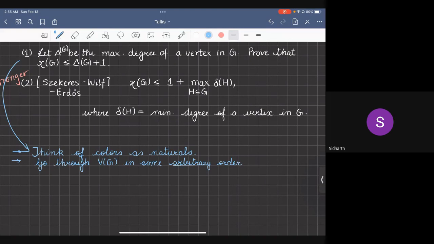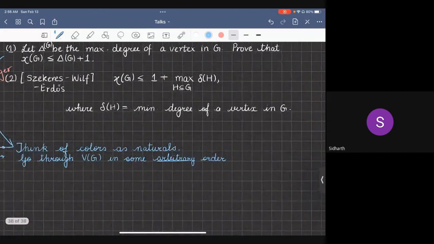Sometimes it's good to know the difference between arbitrary and random, but I'll avoid that discussion for now. Go through the given arbitrary order, and for each vertex we encounter, assign it the smallest natural number possible.